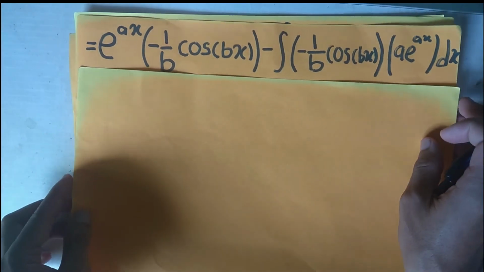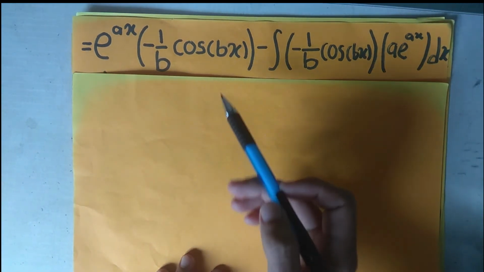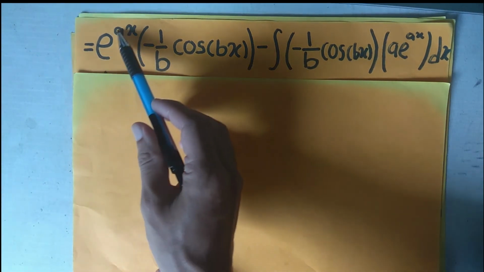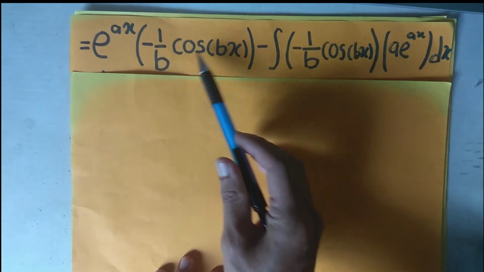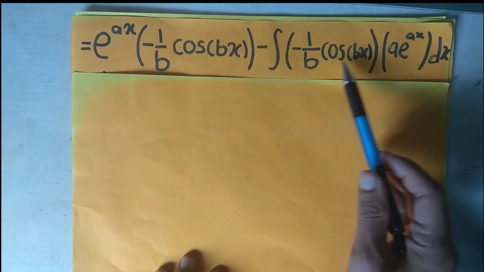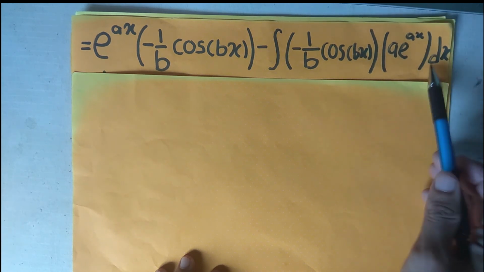For this equation, same as before, we have to simplify it. We get exponential power of ax times negative 1 over b cos bx minus integral of negative 1 over b cos bx times a times exponential power of ax dx.